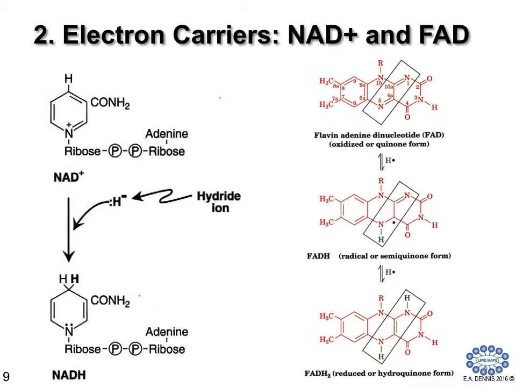The net result is that two hydrogens have been added, two H dots. That would be the equivalent of an H plus and an H minus. And we go from a starting neutral molecule to a resulting neutral FADH2, which is the reduced form. In the case of NAD, we start with NAD plus and add a hydride, and we end up with NADH, also a neutral form.